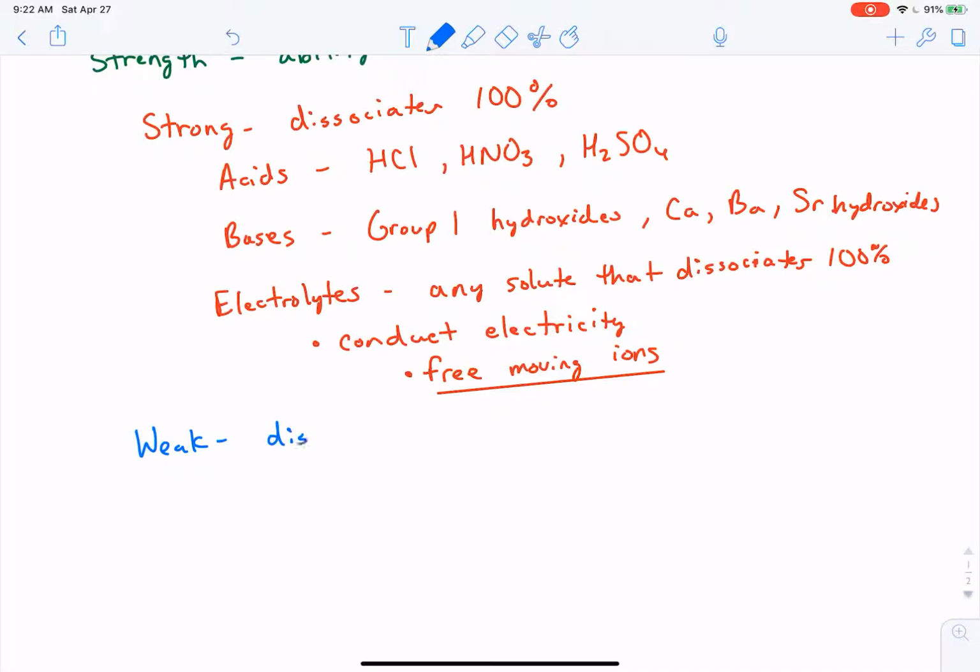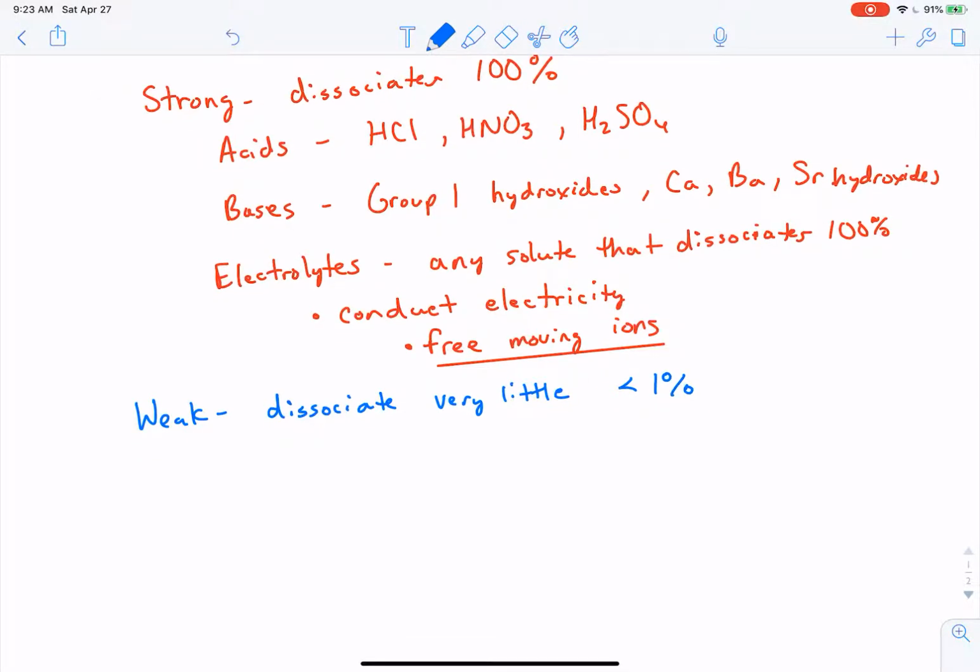Weak acids and bases dissociate very little, like less than 1%. And so when you're talking about weak acids, that's everything else.